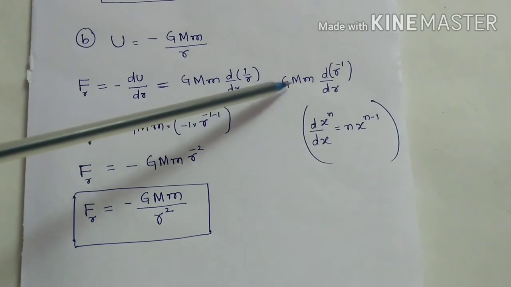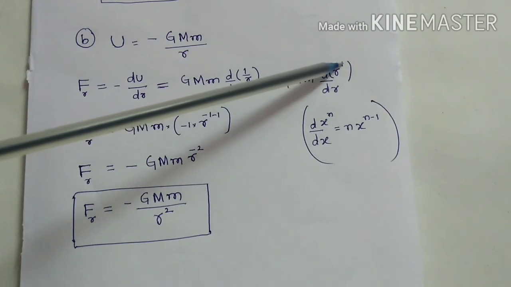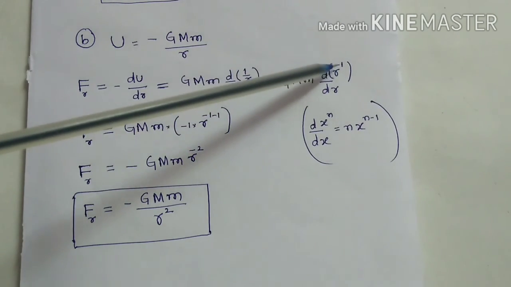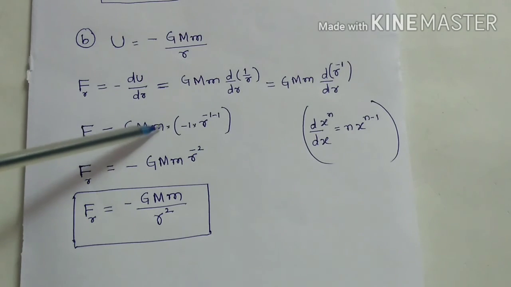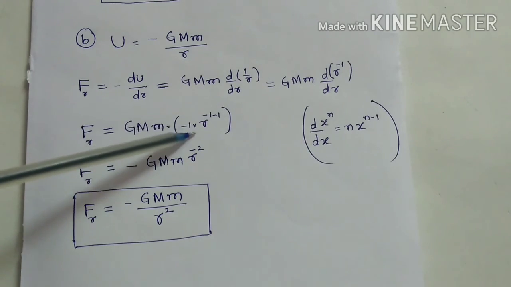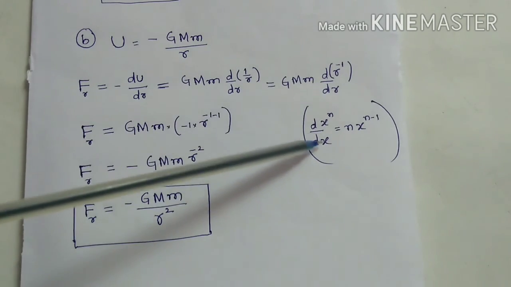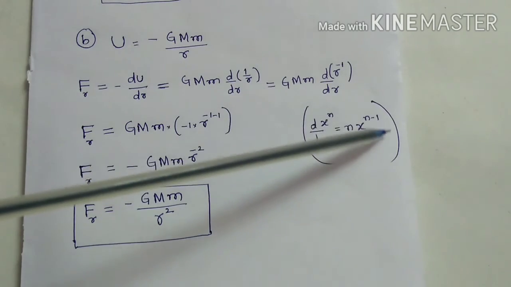This is the same G capital M small m. So d by dr of r to the power of minus 1, because this is 1 by r. Fr equal to G capital M small m into minus 1 into r to the power of minus 1 minus 1. This is the formula: d by dx of x to the power of n equal to n into x to the power of n minus 1.